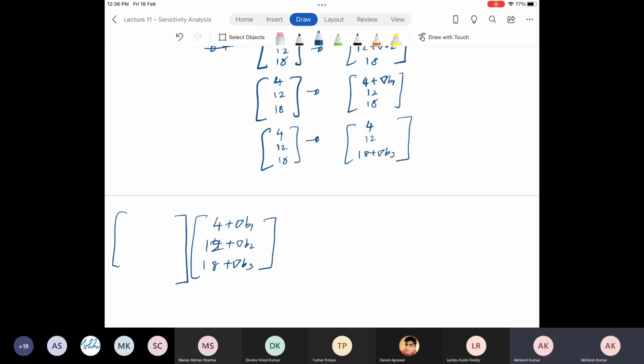Can you tell me what is the issue if you try to do the simultaneous change? What is the issue you might face? Any thoughts?